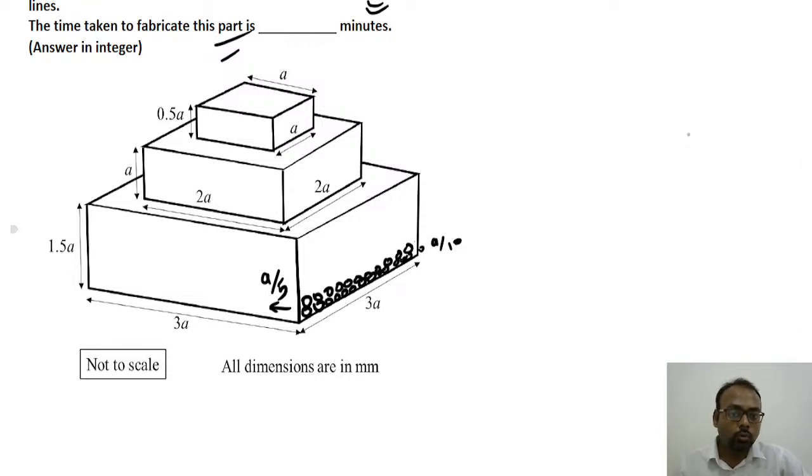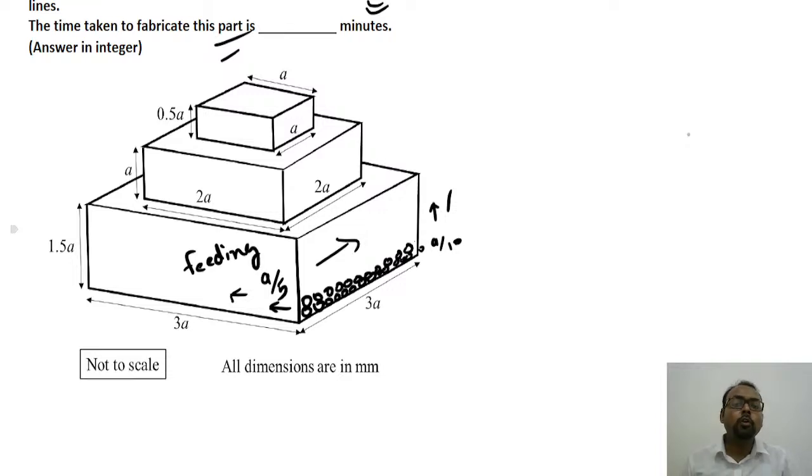So in this direction also we are moving by A by 10 distance, and in this direction also A by 10, and in the vertical direction also. Only in this direction we are moving by A by 5, that is the feeding distance, right?